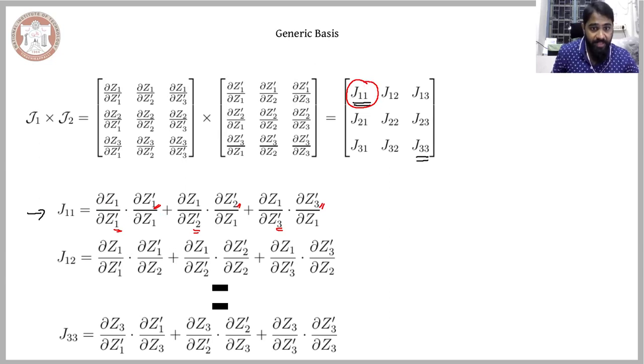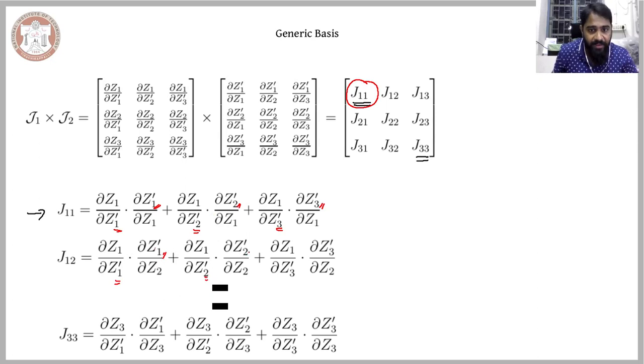I consider the expanded version of it, the actual product version of it, and I find that two indices, the lower left and the upper right, in each of these terms are identical. Not only for this entry, the same holds for all the entries.